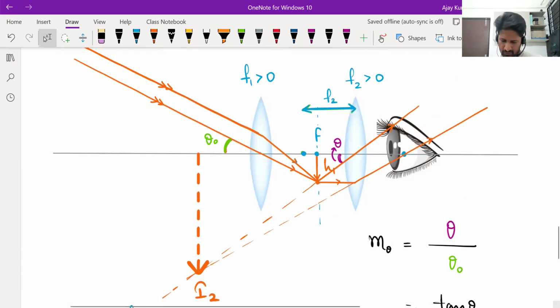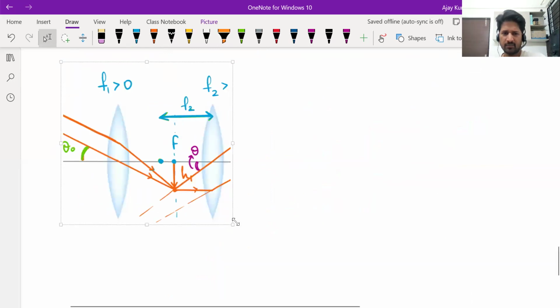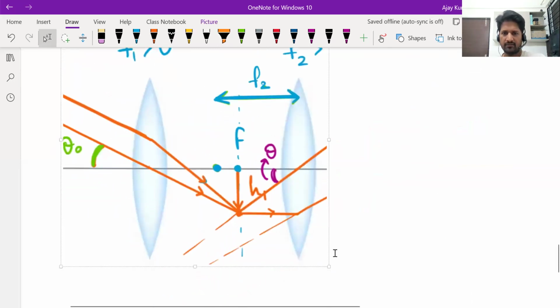Again, I'll have to zoom in on a part of this picture. Just a moment. Let's consider from here to here. Just to help you visualize tan theta properly. So this is that second image formation part that I have taken.